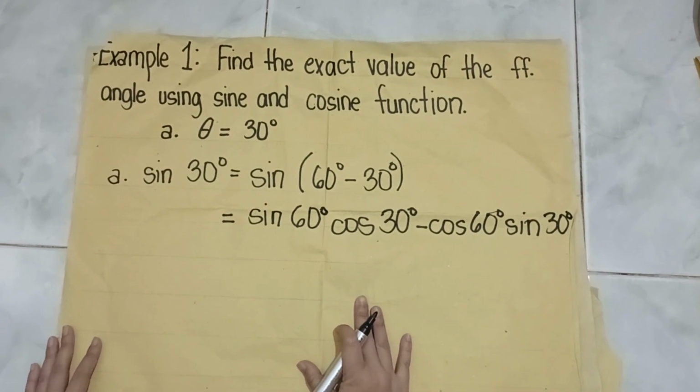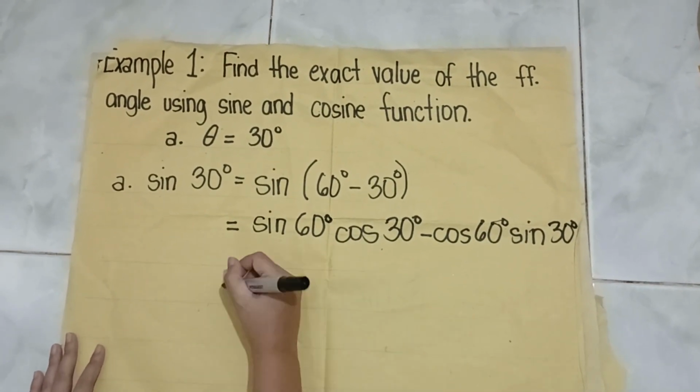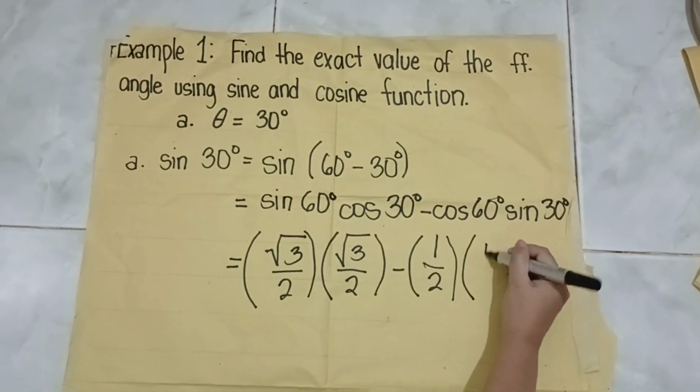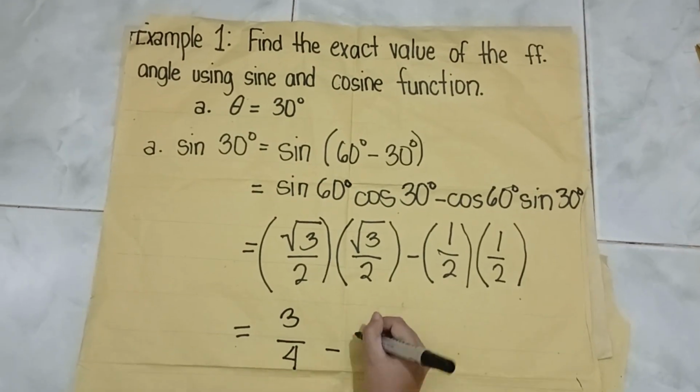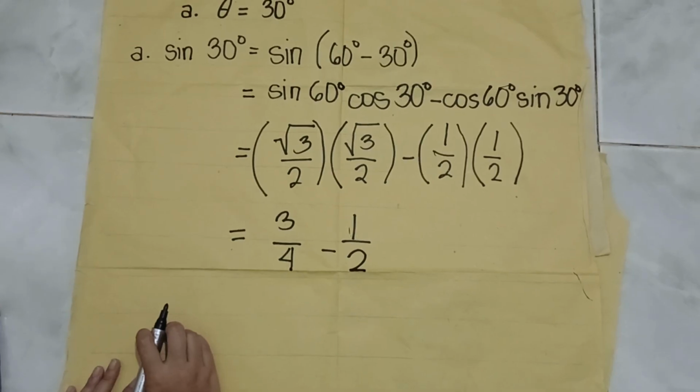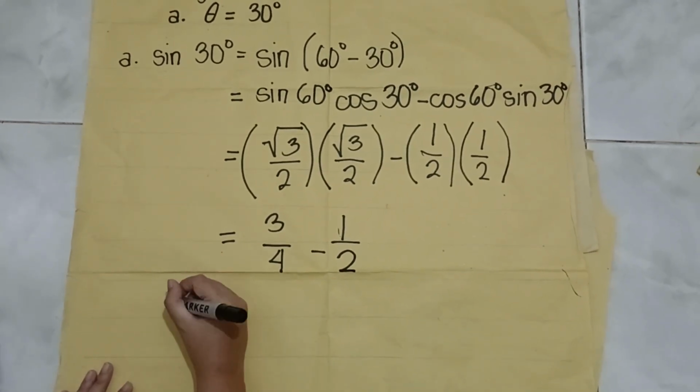Then, we substitute the exact values. Therefore, sine 30 degrees is equal to 1/2.